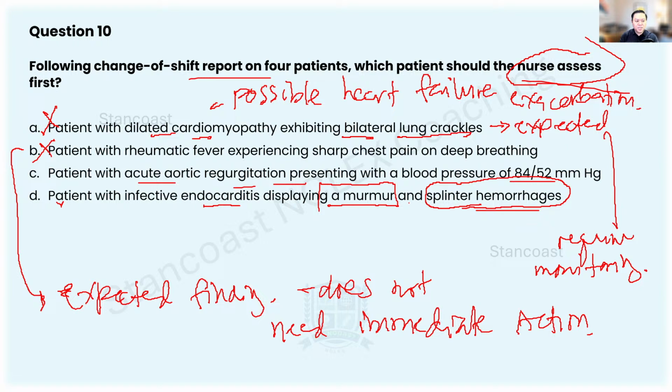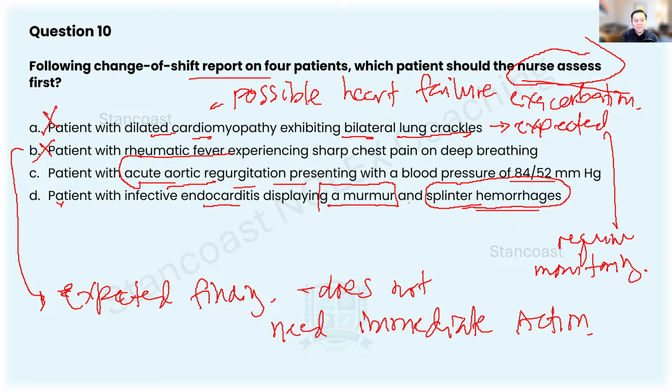So our patient here will need much more assessment because of the drop in the blood pressure. And again, acute aortic regurgitation is a brand new manifestation. We need to investigate further on this condition. The MAP is 62. Yeah, borderline low. We need to keep an eye on it.